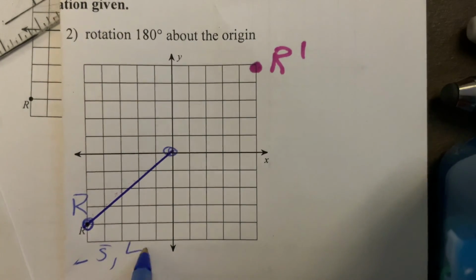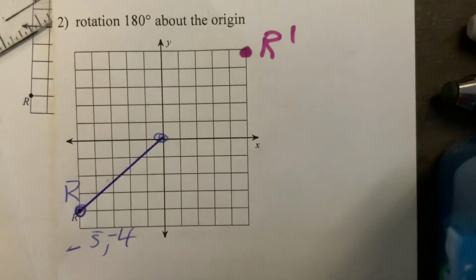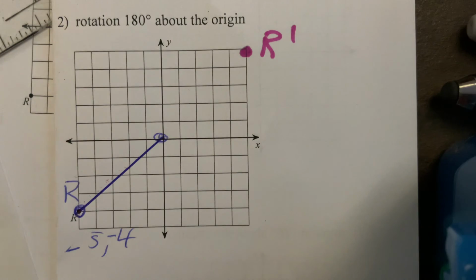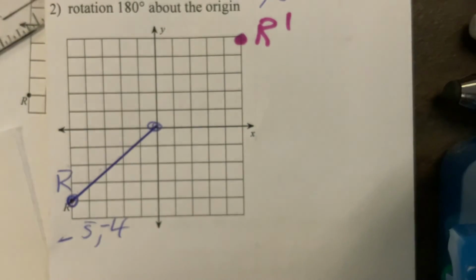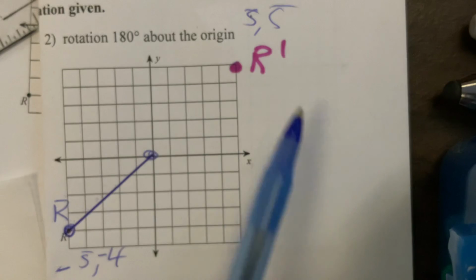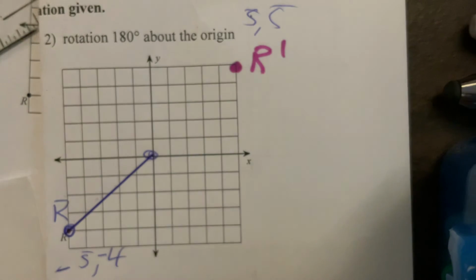Okay, so here's how I knew, or I would have figured it out in a second. -5, -4 were my original coordinates. I put the wrong place here at 5, 5. So I started out with a 5, 4, and I ended up with a 5, 5. You should know that I screwed up, because I didn't end up with the same digits. Would you believe me if I said I did that on purpose?